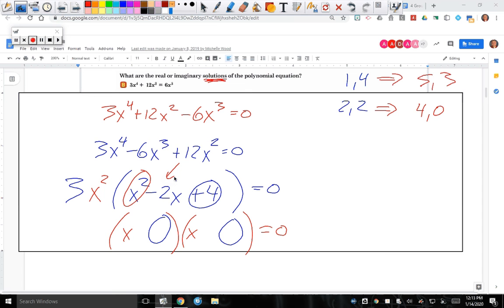So if that doesn't happen, what I would probably go to from here, okay, I would look at the discriminant test. B squared minus 4AC. And the discriminant test gives me positive 4 minus 16. And we know that this is less than 0.